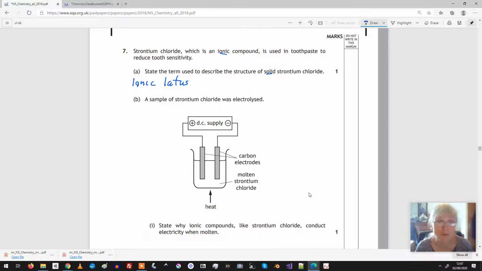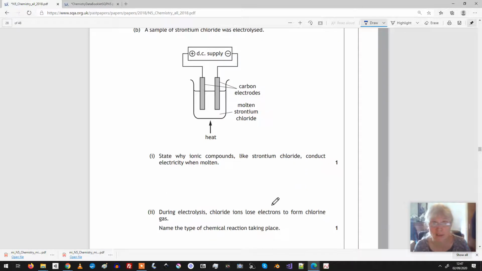A sample of strontium chloride was electrolyzed. State why ionic compounds such as strontium chloride conduct electricity when molten. And a really brilliant phrase to memorize is because the ions are free to move. But you probably want to put that more in a sentence.